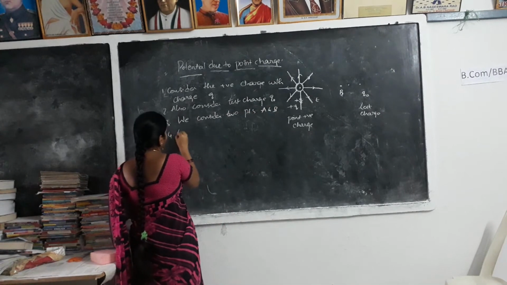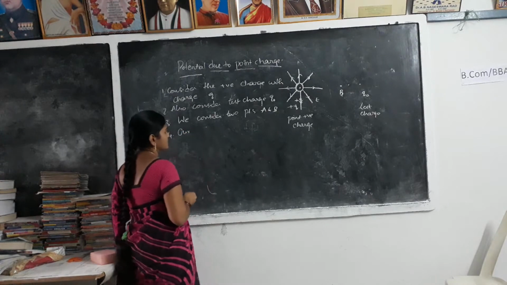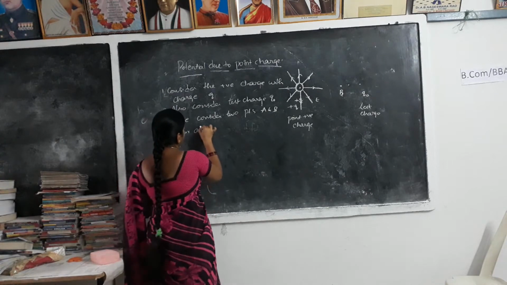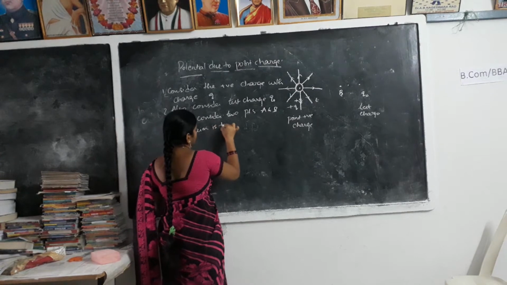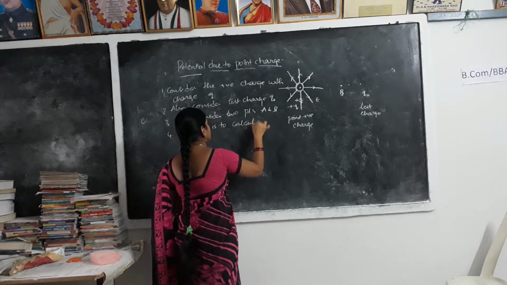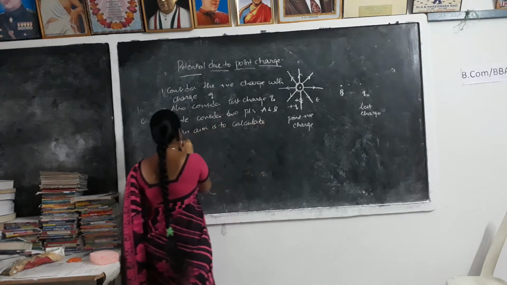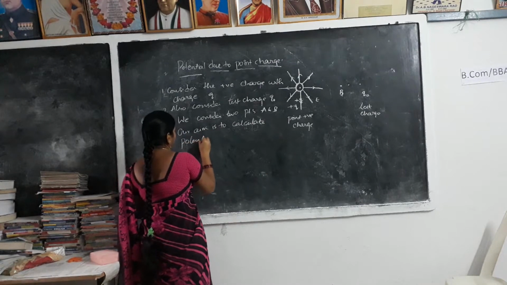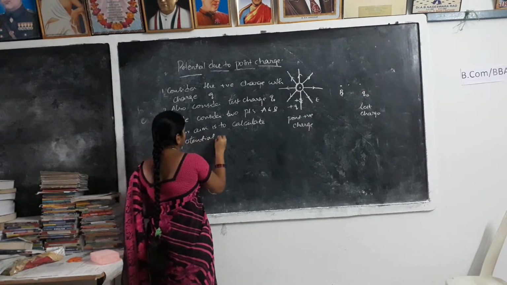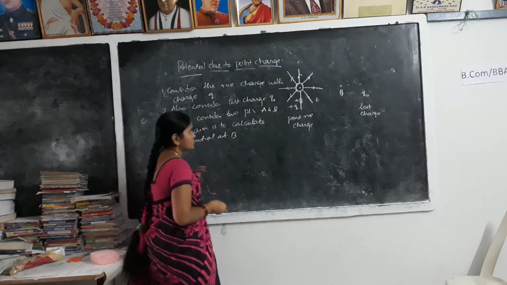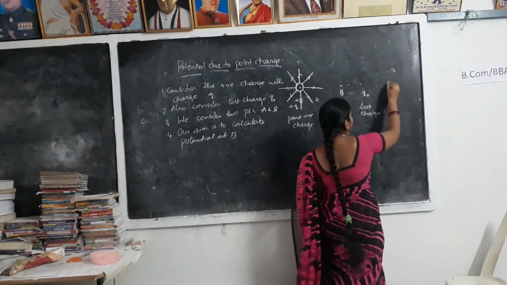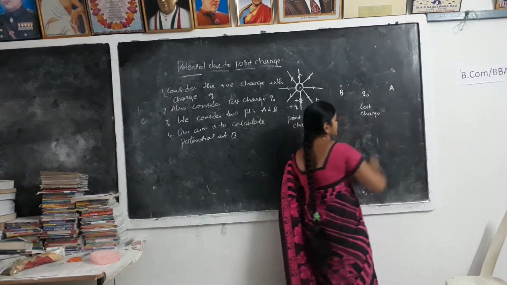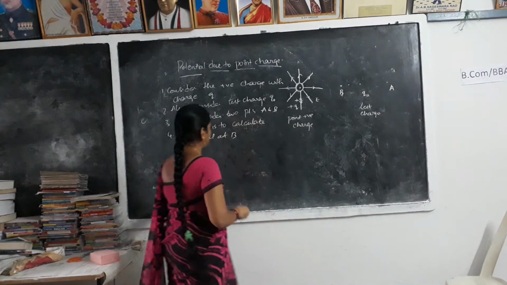So, right now our aim is to calculate the potential at B, right? So, here we consider the point A here, right?